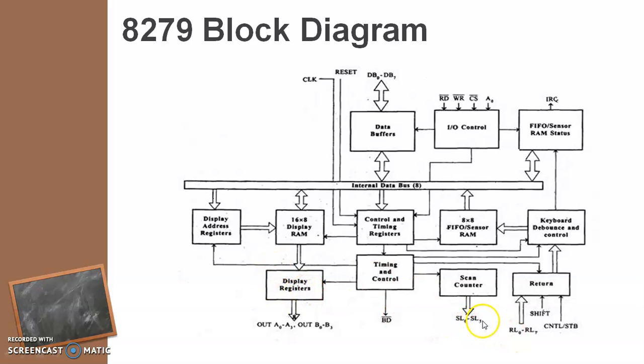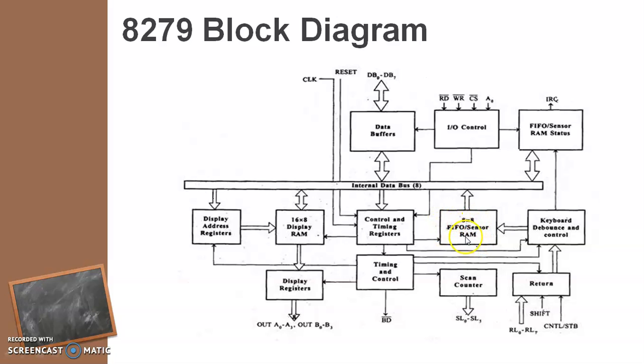For the keyboard interface, we take SL0 to SL2. If we use a 3 to 8 decoder, I get 8 rows, and this forms 8 columns, so 64 keys can be connected. If any key is pressed, there is dedicated hardware which debounces the key and then sends the value to the FIFO sensor RAM.